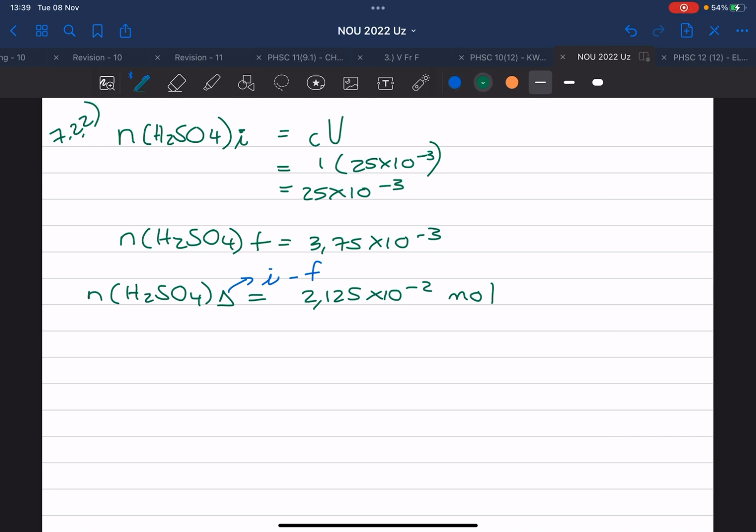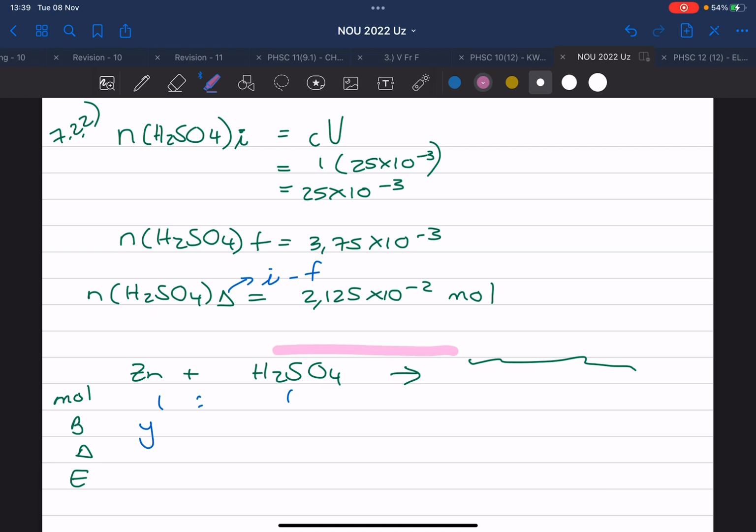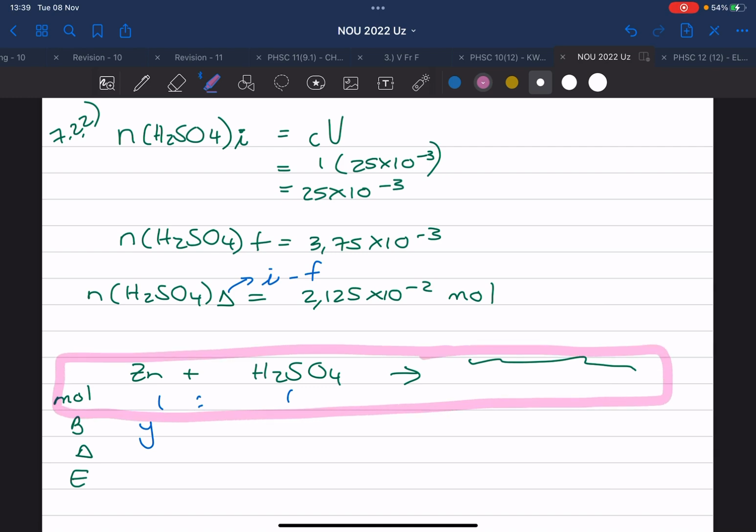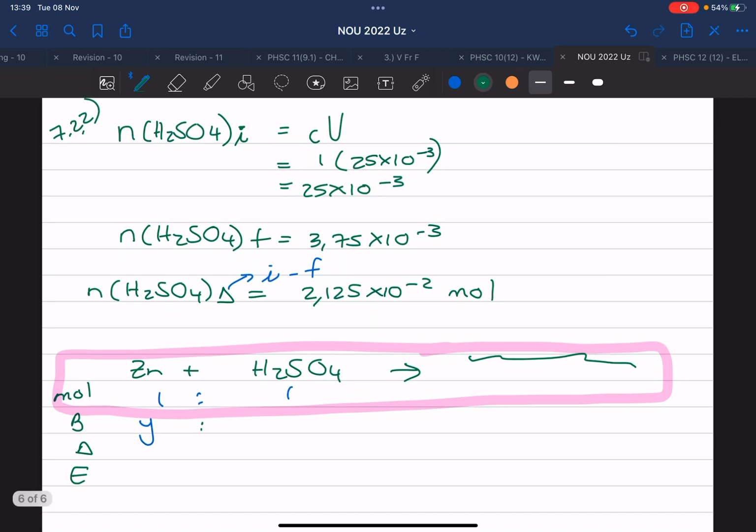Okay, ek gaan net gou hierdie reaksies nou op die vorige bladsy. Okay, so ek het gaan uitwerk. I calculated at the beginning my sulfuric acid was 25 times 10 to the power negative 3.